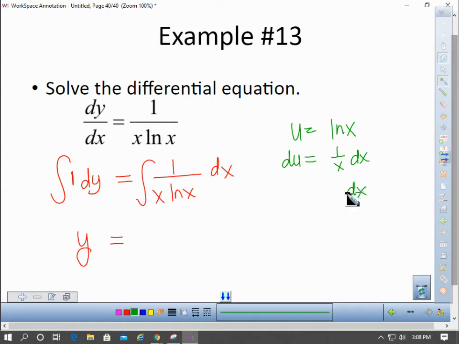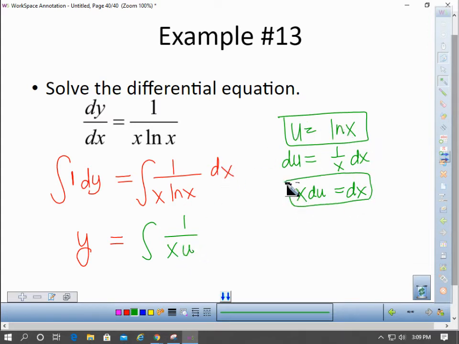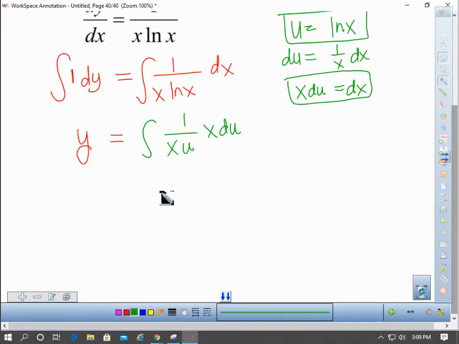And then I solve for dx by multiplying the x to the other side. So now I'm going to trade out here. This will be 1 over x. In place of natural log, I'm going to put a u. And in place of the dx, I'm going to put x du. So you will notice that the x's cancel out.